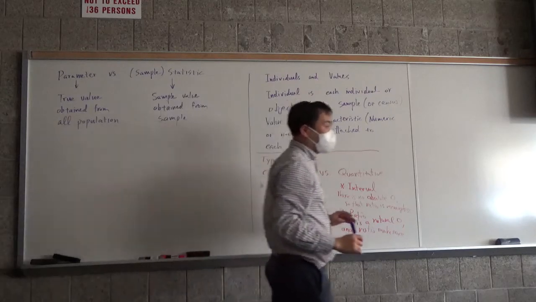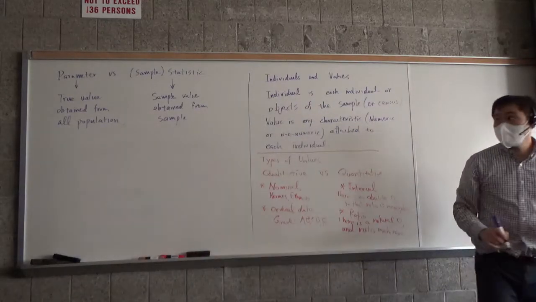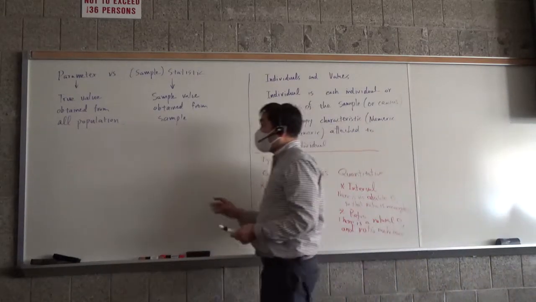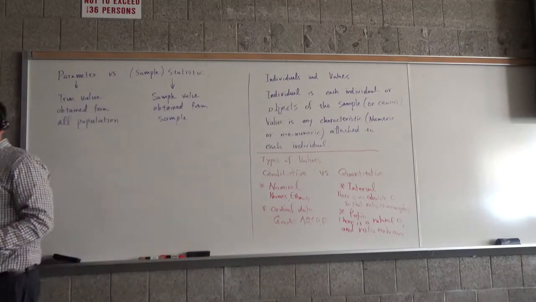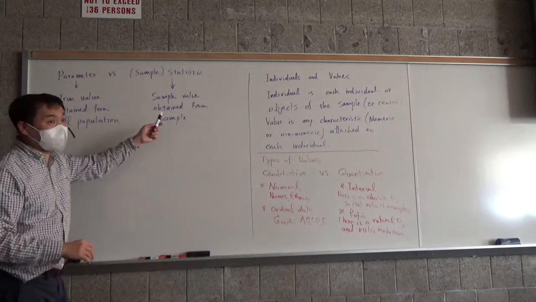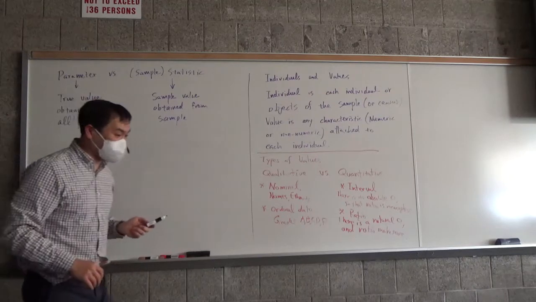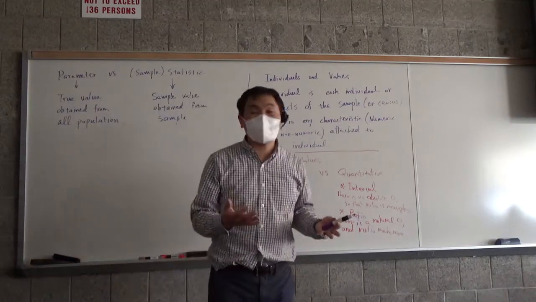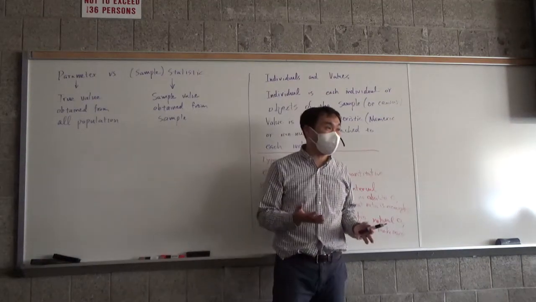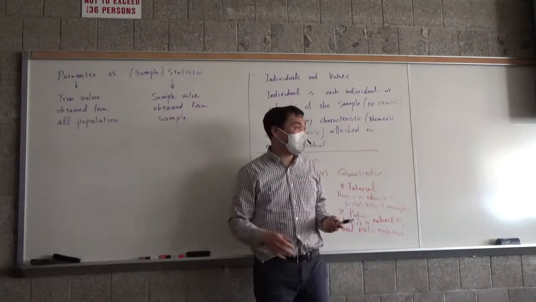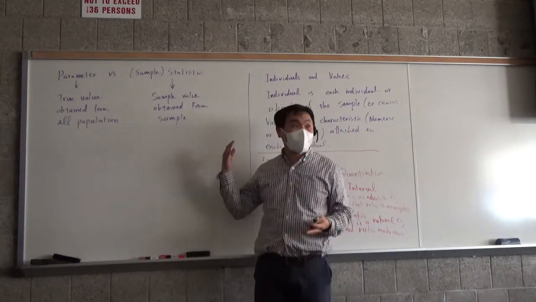And in many cases, your sample statistic will be close to the parameter. So if I say the absolute number of people that are smoking, then it would be very different, right? But if we talk about the proportion of people who are smoking, it will be pretty similar as long as you get a good sample.